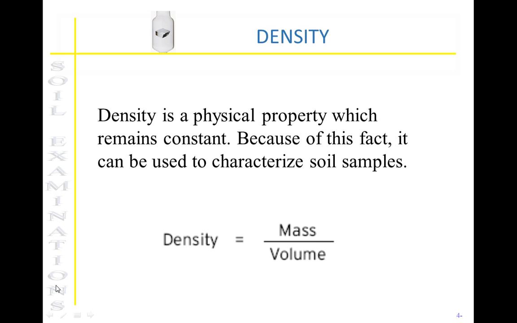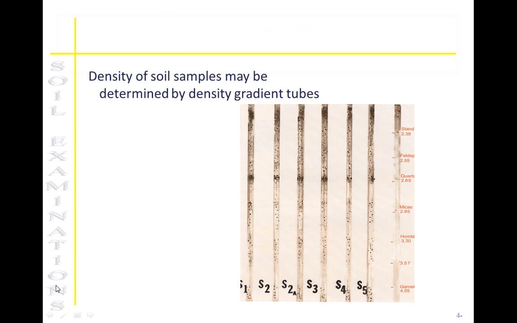In soil comparisons, we're going to be taking a sample of that soil itself, which is going to be composed of a variety of different components. So we will use density gradient tubes that will distribute the different particles of the soil according to their density.